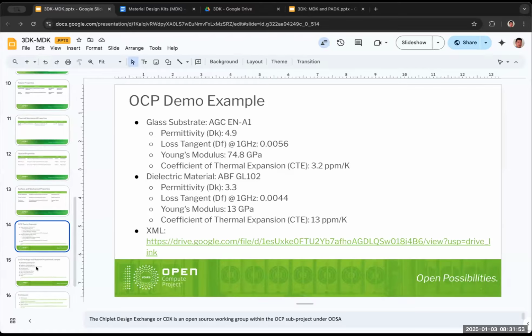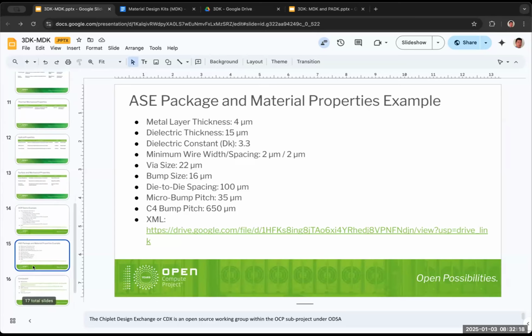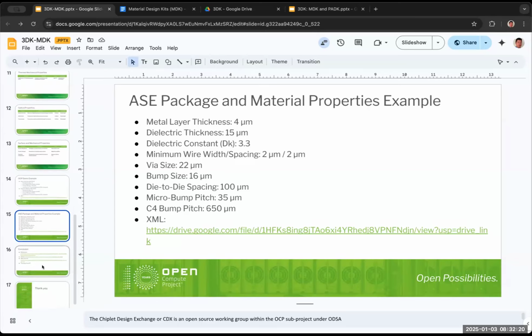I've put up the link here, and I will share this in the document if anyone is interested in taking a look. Another example is shared by ASE, which is the kind of example they typically use for packaging and material properties analysis. We can accommodate this data as well within the structure that we have created in the XML schema.